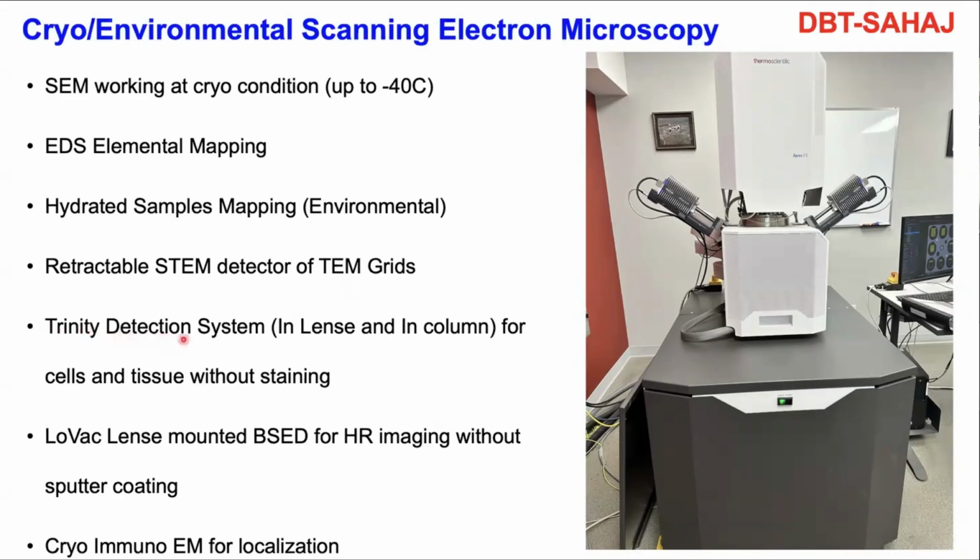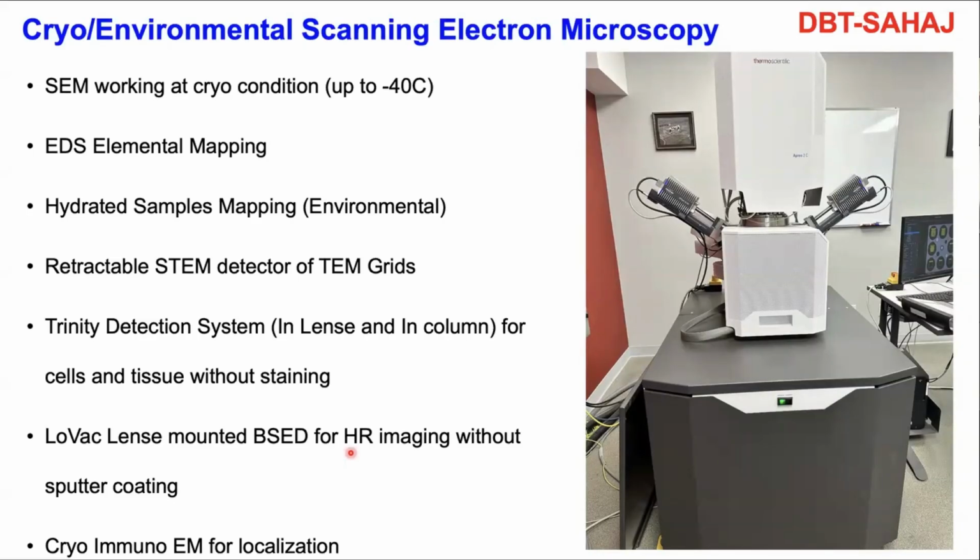Recently, they have added Trinity detection systems, a low-angle lens mounted BSED for high-resolution imaging without sputter coating. These are the technological developments which make the current FIB-SEM usable for 3D imaging.